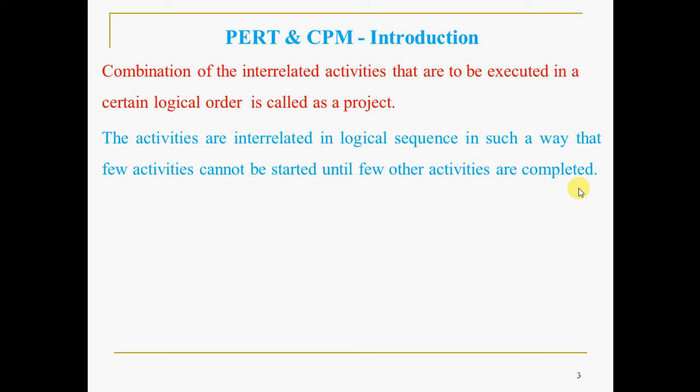Similarly, unless you complete wall construction, you cannot go for roofing. So there will be a logical sequence in such a way that a few activities cannot be started until a few other activities are completed. Of course, a project is a group or combination of interrelated activities that are to be executed in a certain sequence.